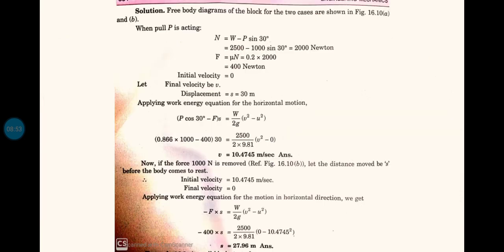So now our aim: initial velocity is given as 0, U is equal to 0, and we are assuming that final velocity is V, displacement S is equal to 30 meter. Now applying the work energy equation, work done is equal to force into displacement. As I told, we have to calculate the net force along the direction of motion.